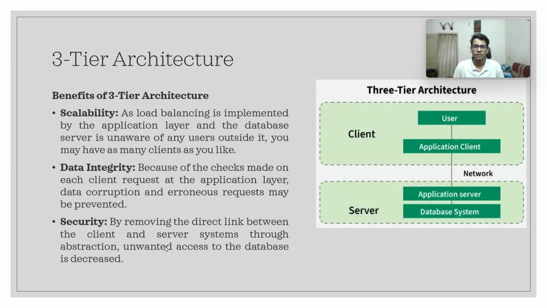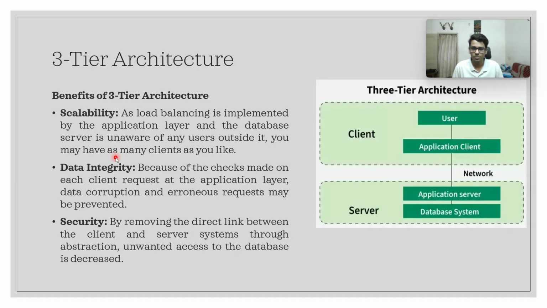Now let's have a look at the benefits of the three-tier architecture. That is, it is highly scalable as load balancing is implemented by the application layer, and the database server is unaware of any users outside it, and similarly the client is also unaware of the database outside the application.